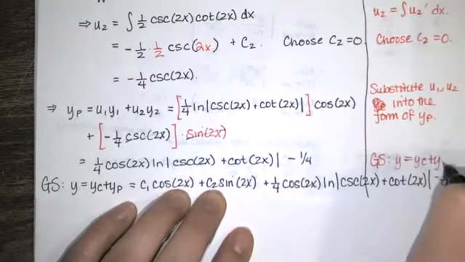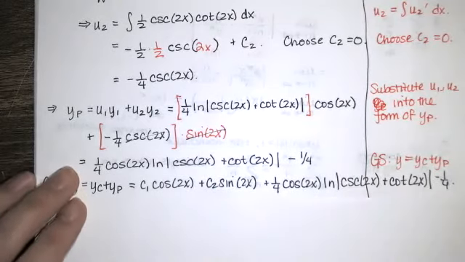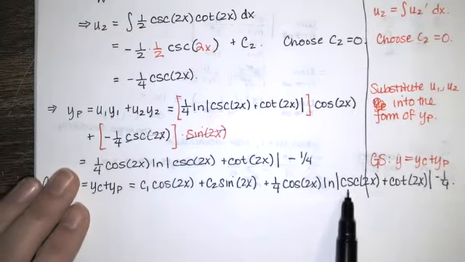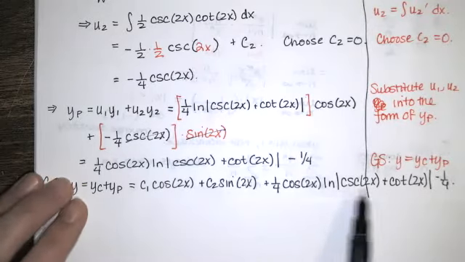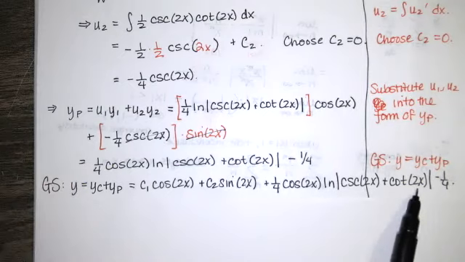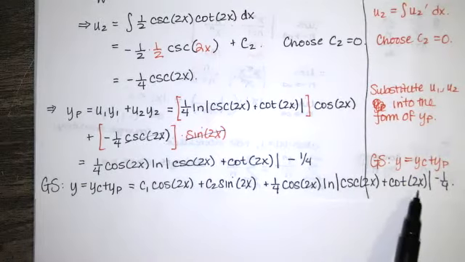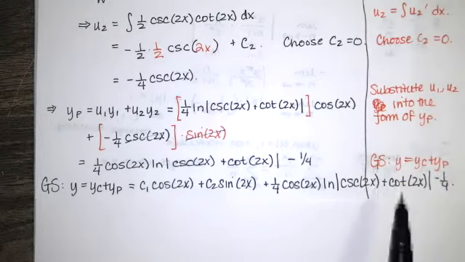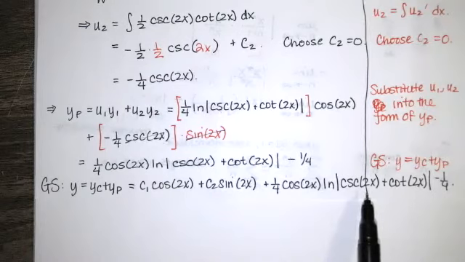And typically I would also state the interval of existence here, but it is a little bit difficult for me to immediately identify it because I have to think about domain issues with the log of this sum of two trig functions, and both trig functions feature a sine of 2x in the denominator. So this is going to be undefined anytime sine of 2x is equal to 0.